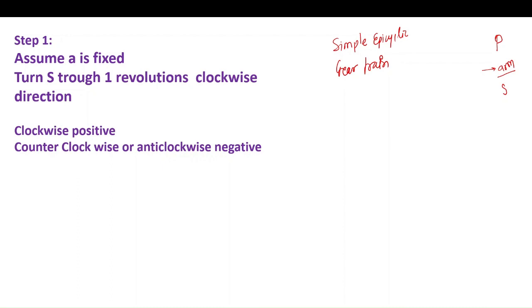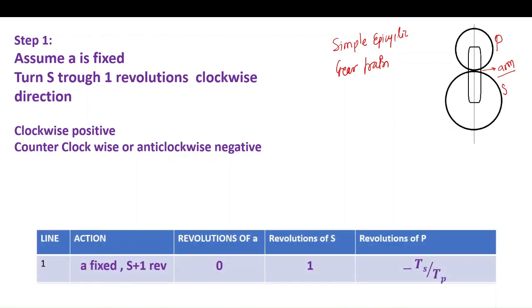Let's start with the simple analysis. This is the way you have to form a table. You are given an epicyclic gear train, and we have to find out the rpm or velocity of S.